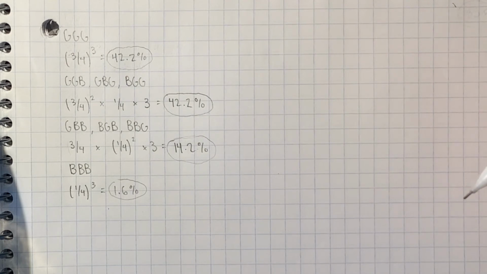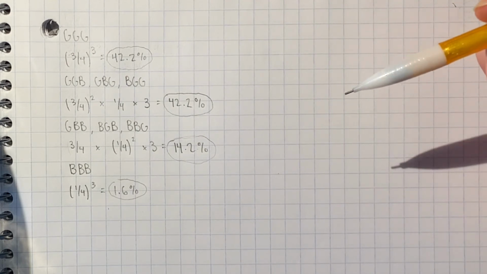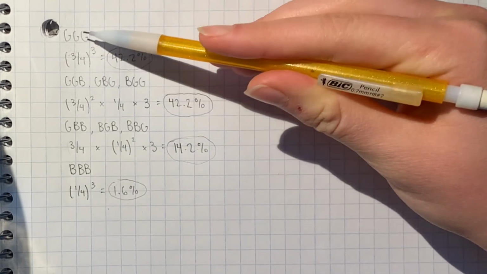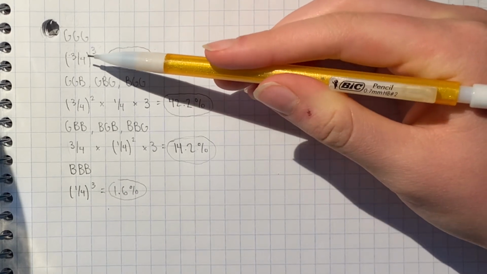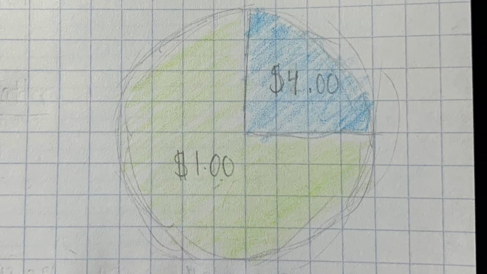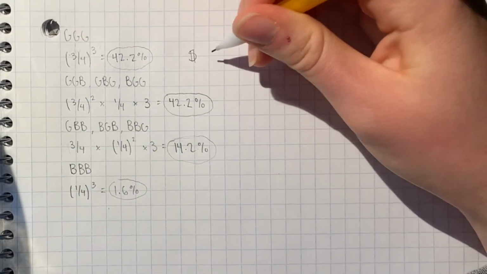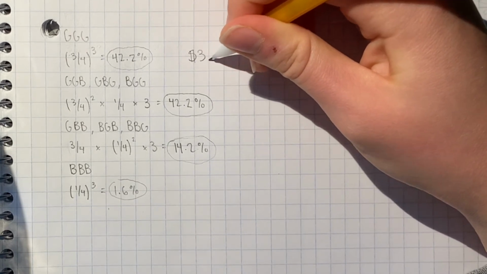So let's figure that out. How do we figure that out? Well, it's going to be pretty simple. We have 3 green, and if you look at our wheel, then you'll see that 3 green will be $1, $1, $1, which is equal to $3 because you're adding that all together. $3.